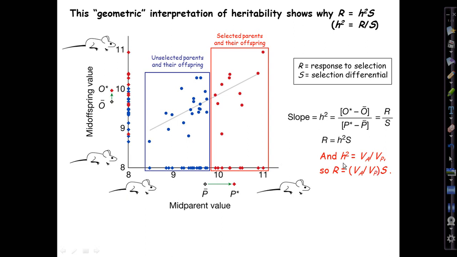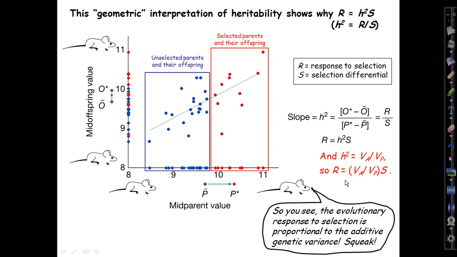And since we know now that the heritability is the portion of the total phenotypic variance that is additive genetic, we can substitute VA over VP for little h squared and see at once, just as a tautology, that R is VA over VP times S. So VA is a factor of the response to selection.